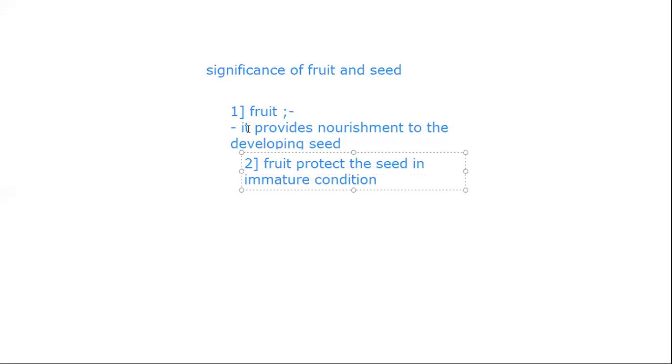So fruit protects the seed in the immature condition. When the seeds cannot yet mature, in that condition the outermost part, that is the fruit, protects it. It gives protection to the seed. After maturation, the outermost part dries up, it ruptures and the seeds come out. Those are mature seeds. So before maturation, the fruit, the outermost part, the epicarp, can protect a number of seeds.